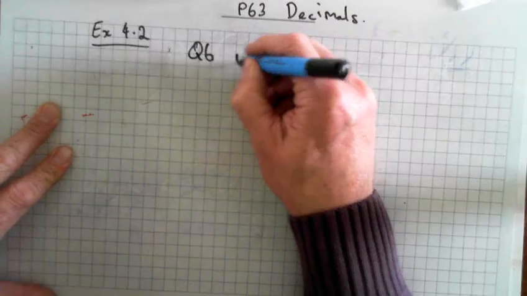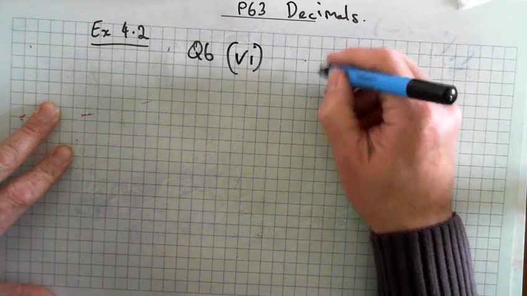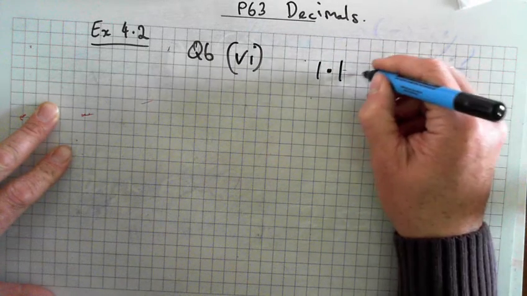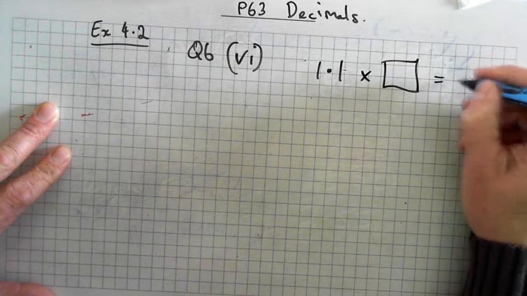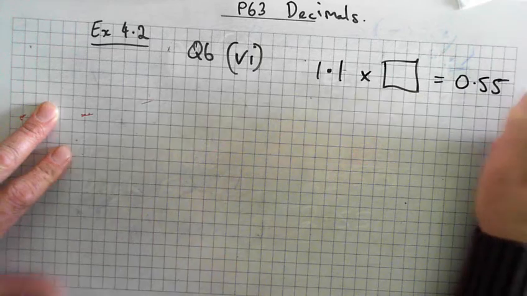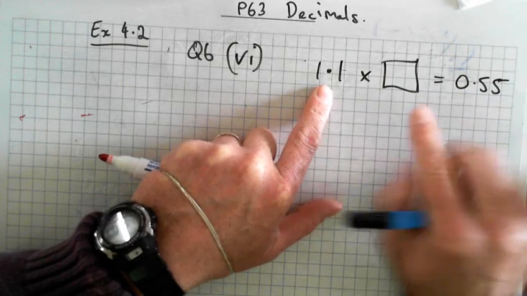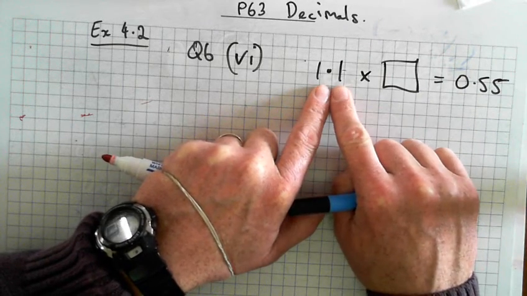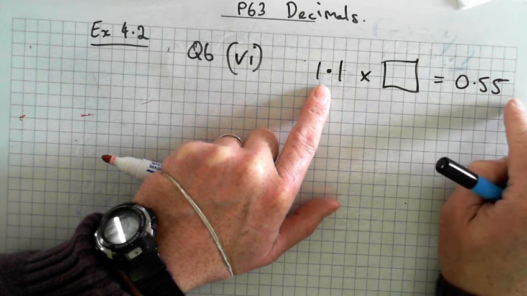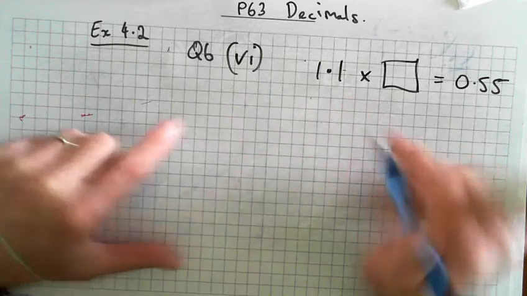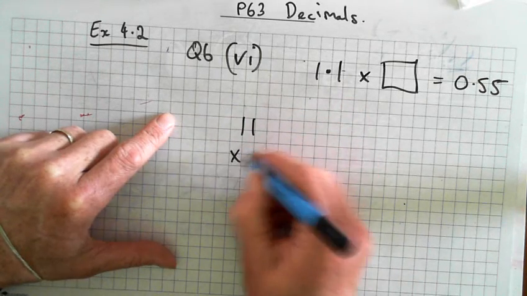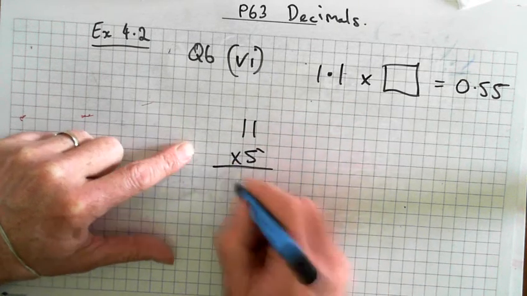Question 6 VI. 1.1 multiplied by something is equal to 0.55. So 1.1 multiplied by what is 0.55? First of all, if I get 11 and I multiply it by 5, what do I get? 55.